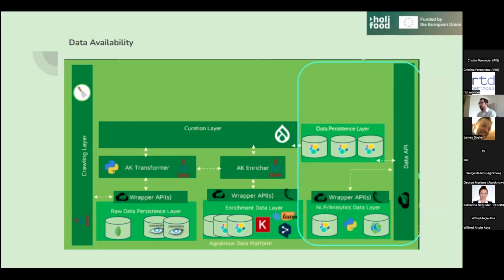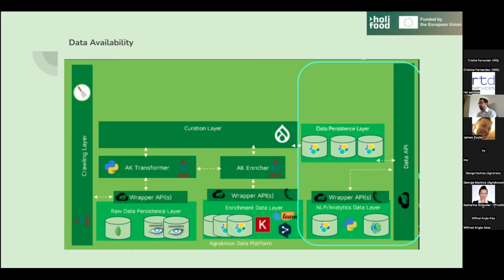Then we have the data persistence layer, which consists of some Elasticsearch instances. This specific layer contains the ready-to-use data, because in the other parts we had raw data, and this specific layer has the user-friendly data.